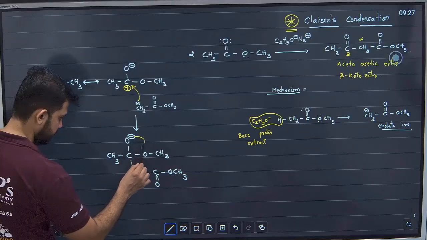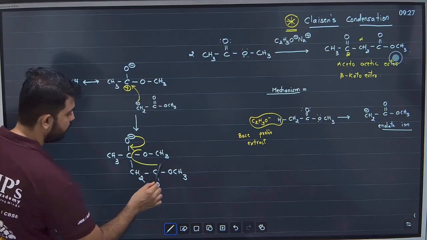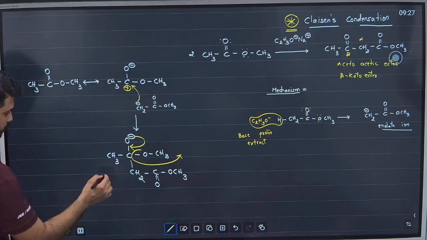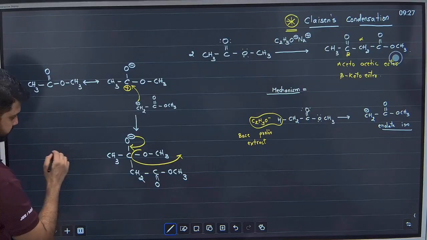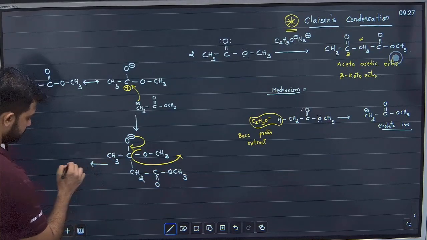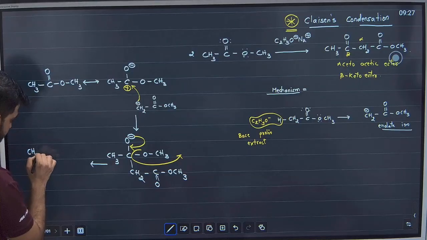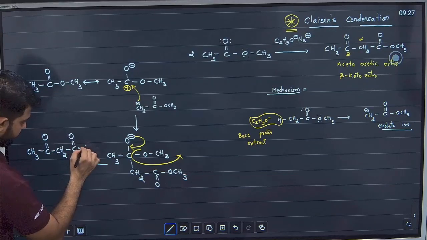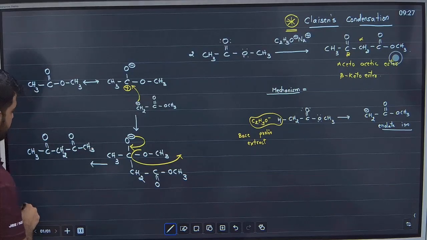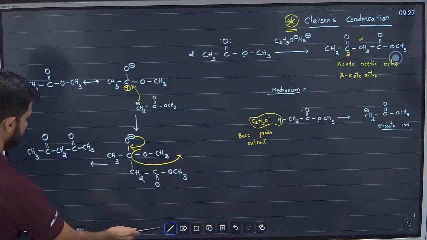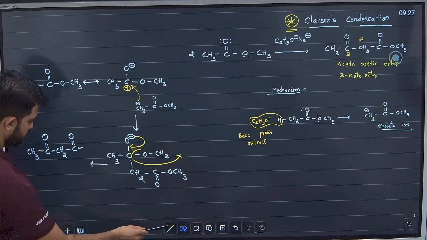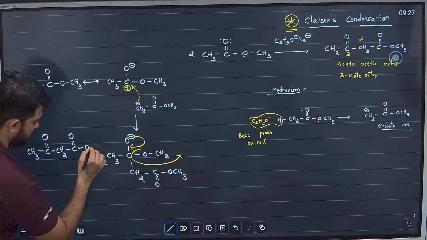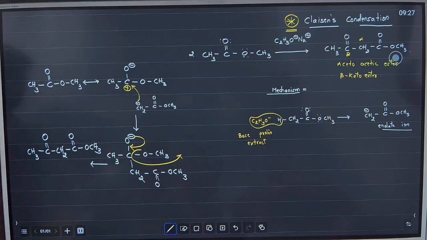Next step पे these electrons will come here, double bond, और ये हो गया आपका leaving group. ठीक है. C double bond O, OCH3. Did you people get that?